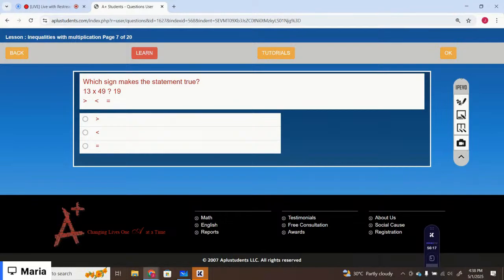13 times 49 is greater than 19. Option number 1 is the correct option.